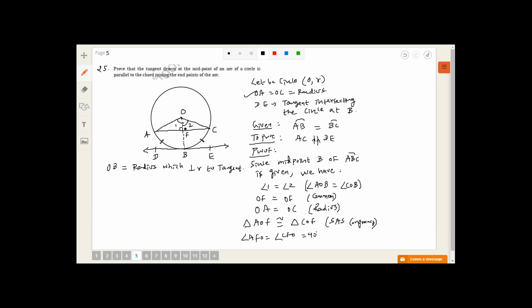So this angle will be equal to this angle, and this will be equal to this angle. Angle DBO is equal to angle EBO. Also, angle AFO is equal to angle DBO.